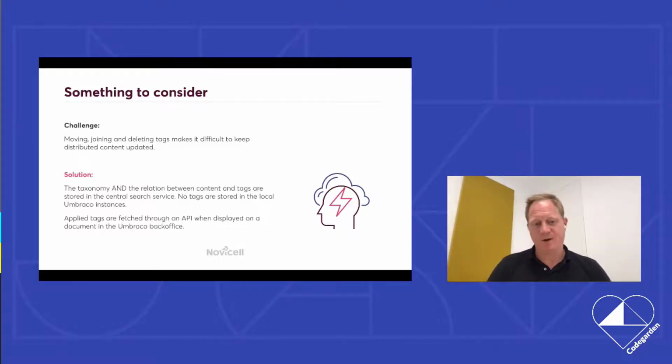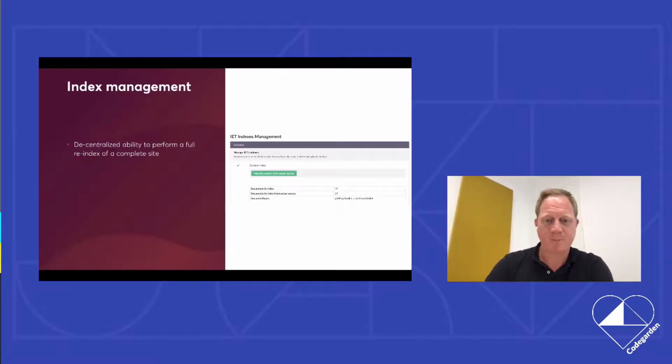This means that when we join two tags, the central search service can actually update content from multiple different locations and readjust the tags, so it's only one tag going forward. When we view the document in Umbraco, all the applied tags are fetched through an API, so it's real-time, up-to-date with what's in the central service. There's also the ability to manage the index, so a complete and full re-index of a complete site can be performed decentralized.